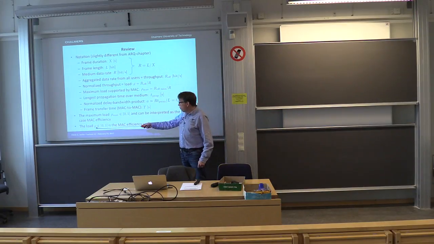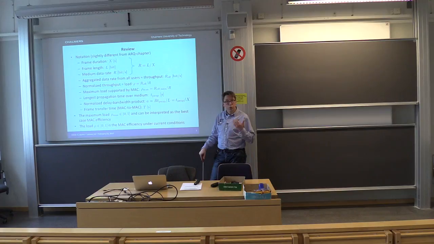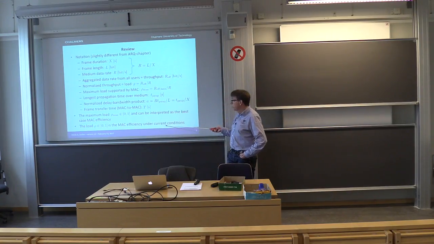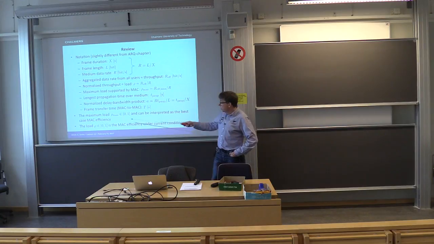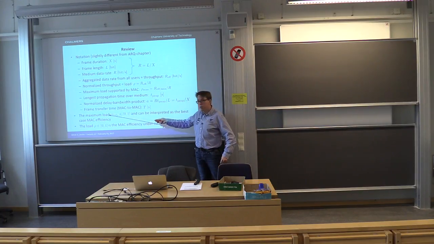The load rho, which is the load we have at this point in time, depends a little bit on the current conditions. So we can think of that as the MAC efficiency under current conditions. So rho here will be less than rho max, it follows naturally. This is the best we can do, best in terms of efficiency, the highest load we can do.